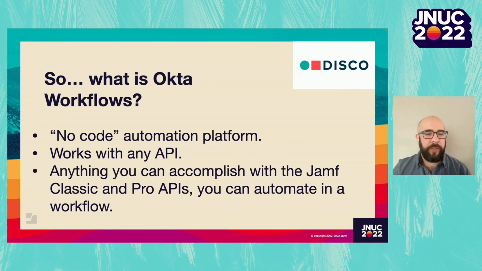Where Okta Workflows comes in is it has the power to extend some of that group rule functionality out and to talk to any API. And today we're going to be focusing on how we can use the Jamf Classic API and the Jamf Pro API to accomplish some of those automations.